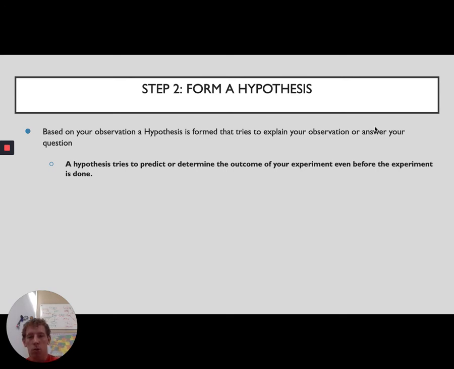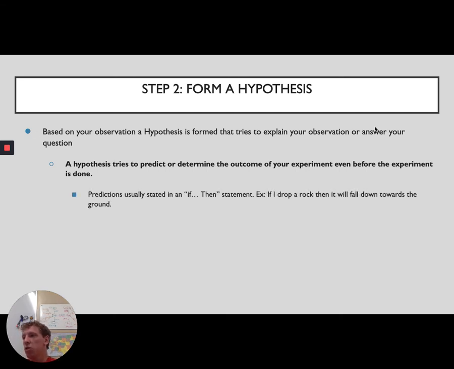So with your bubble lab, it should have been something along the lines of, if I added salt to my bubble solution, then it would not blow as good bubbles. That might have been a hypothesis. I'm not saying that is correct or not, but that is a hypothesis.